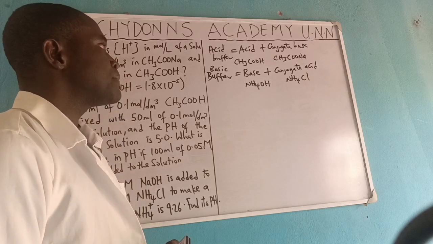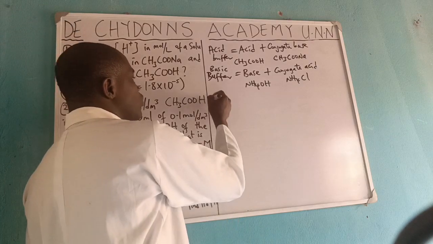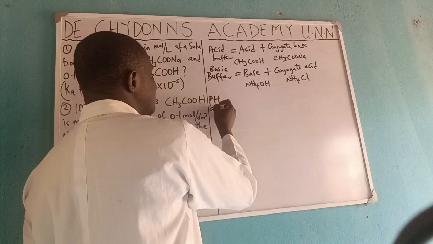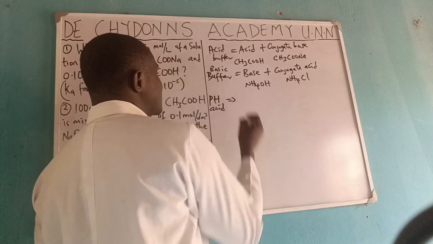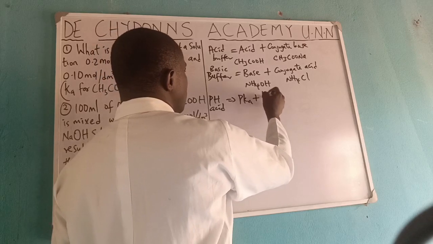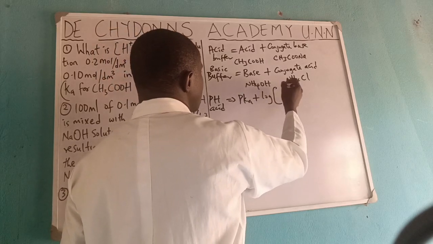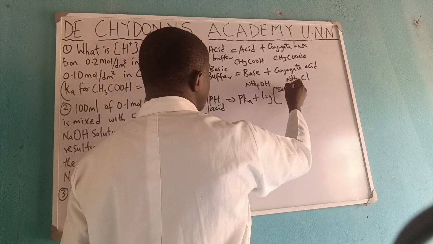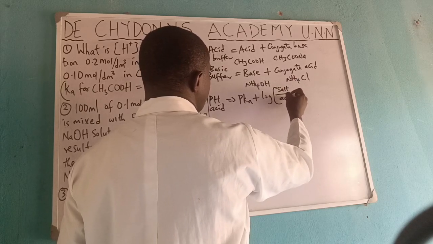Are you getting it? Now, when we want to find the pH of an acid buffer, we say pH equals pKa plus log of the concentration of the salt over the concentration of the acid.